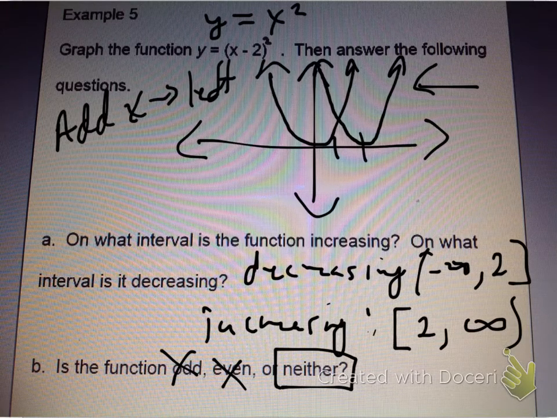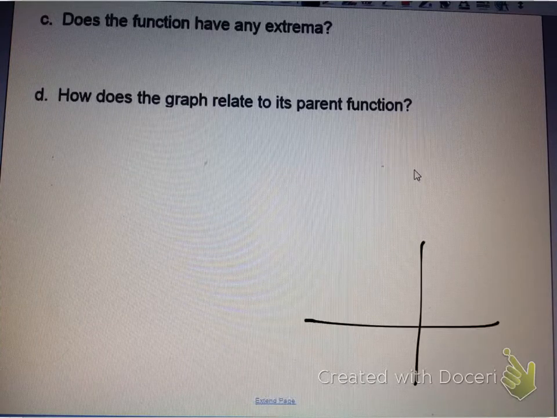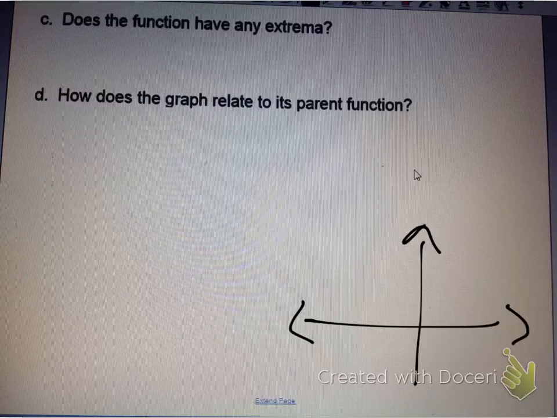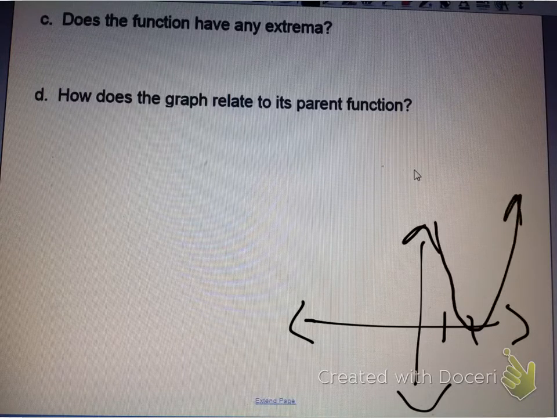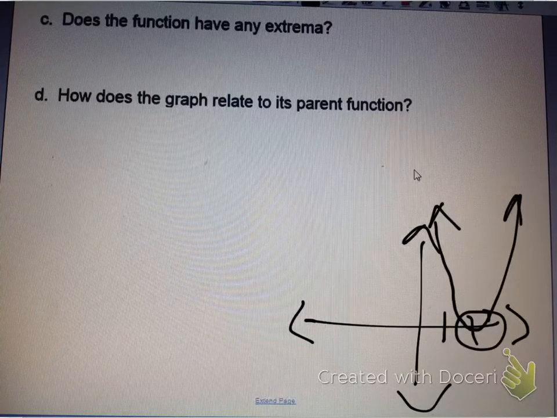A couple more. Does the function have any extremes? Let me sketch the graph again real quick here. It is going to have a minimum. The minimum occurs at x equals 2.